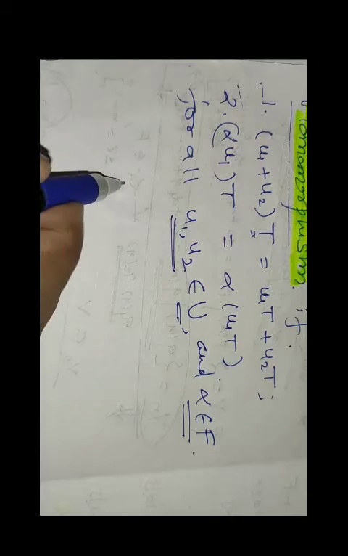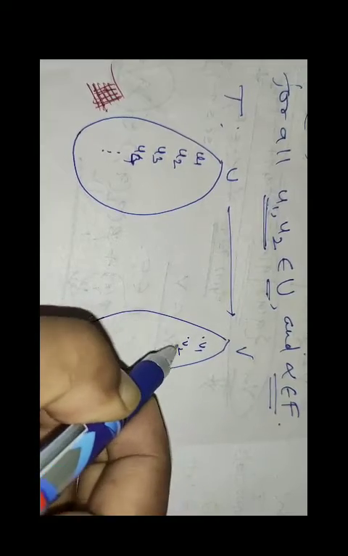So by schematic representation, we can represent it in this way. Suppose this is a set U, and this is a set V, and there is a mapping T from U into V. This element is u1, this is u2, this is u3, this is u4, and so on. And here v1, v2, v3, v4, v5, like this, there are some elements. So what is the image of u1 plus u2?